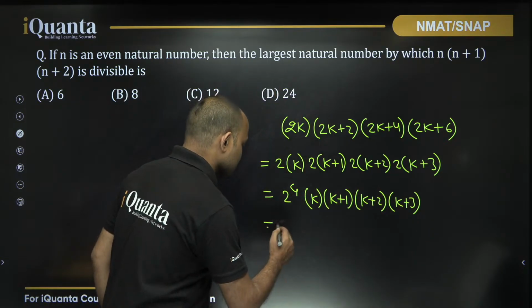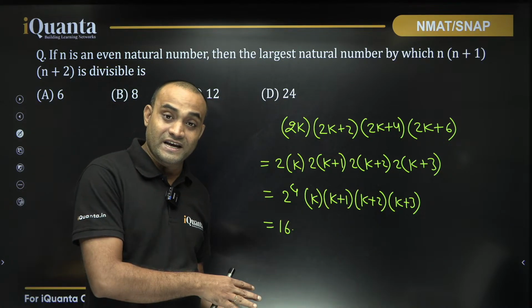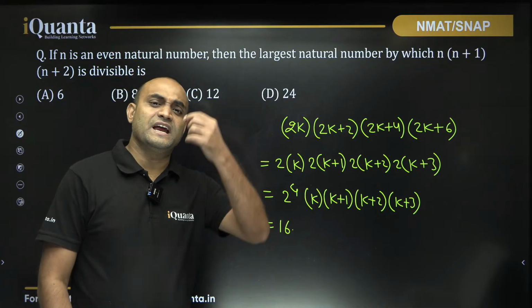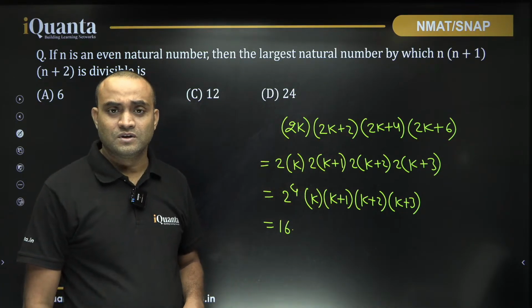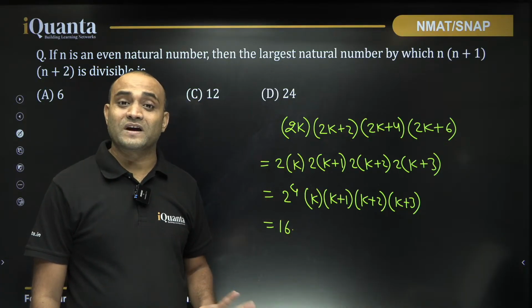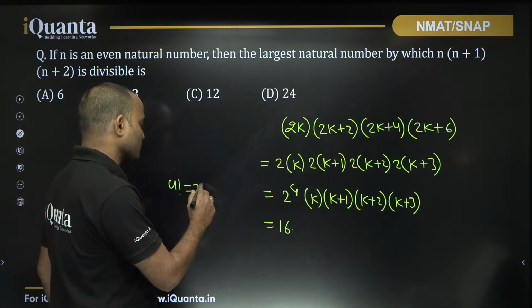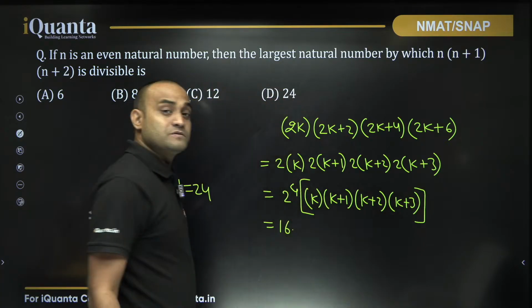क्या है ये नंबर्स? ये नंबर्स 4 consecutive integers हैं। And what did we learn yesterday and also today? Product of n consecutive integers, any n consecutive integers, कहीं से स्टार्ट करो कहीं भी एंड करो, will always be divisible by n factorial. 4 factorial is equal to 24. So this product will always be divisible by 24.